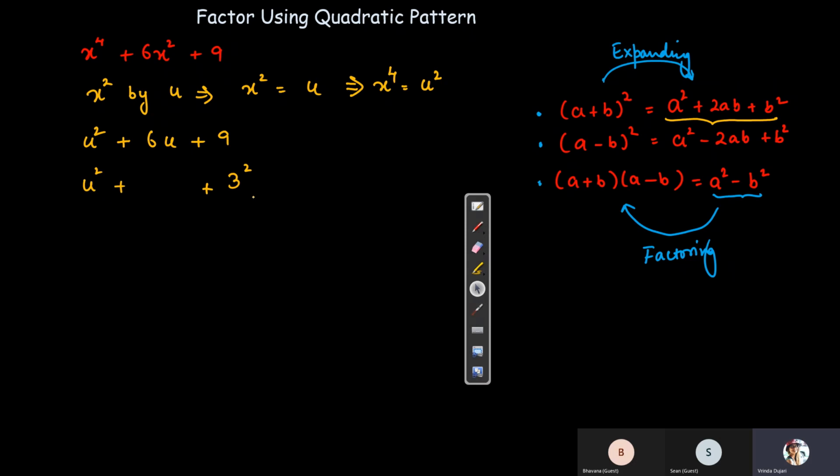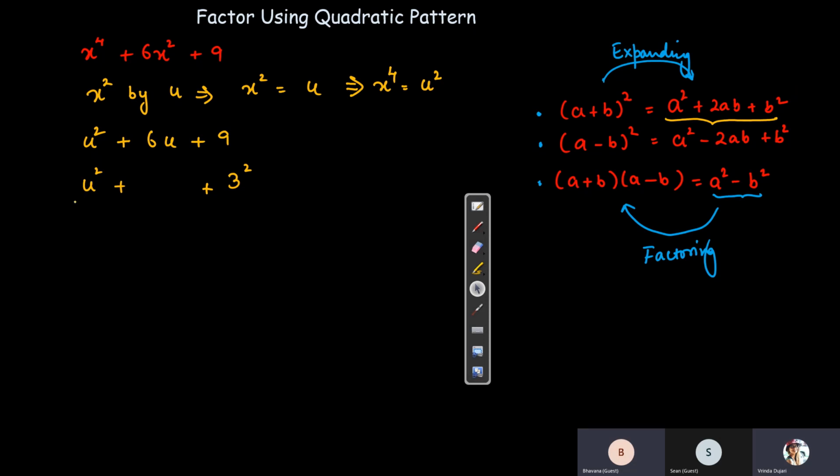Now just compare this expression with this expression. If you compare it, can you tell me what is the value of a and what is the value of b? A is 1, b is 3, and then, yeah. No, a is u.